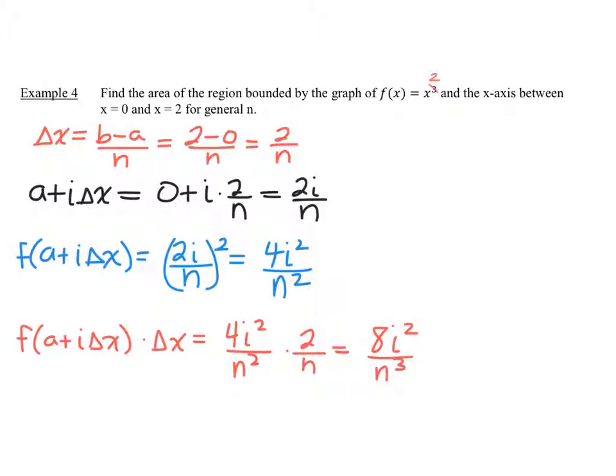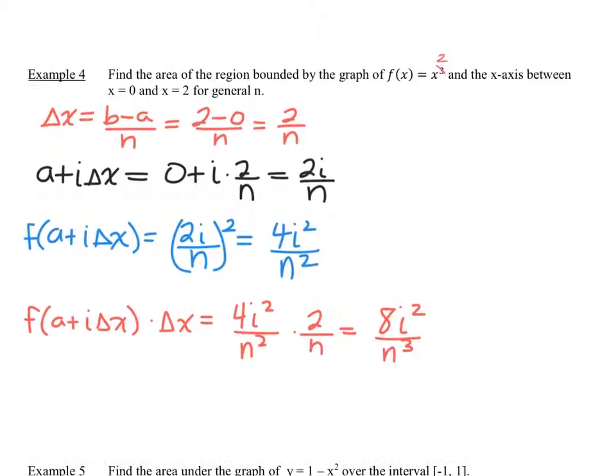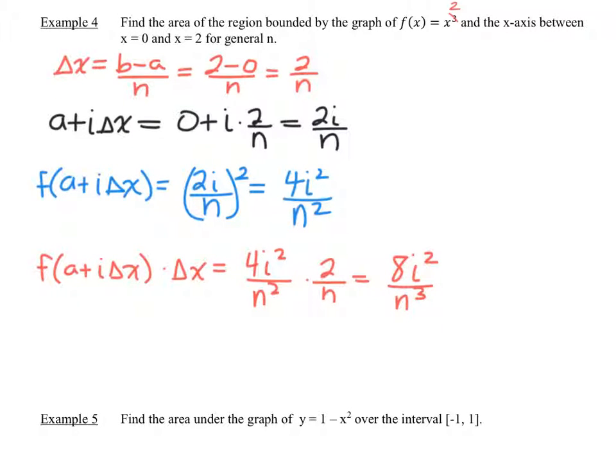If I know which rectangle I'm looking for, the 10th, the 20th, the 300th, whatever, that's the i value, that's the position. And if I know how many subintervals there are in total, I would now know the area of a single rectangle. But I want to have all of them. I want to add them all together over the interval. So what I want to do is find the sum of all that.